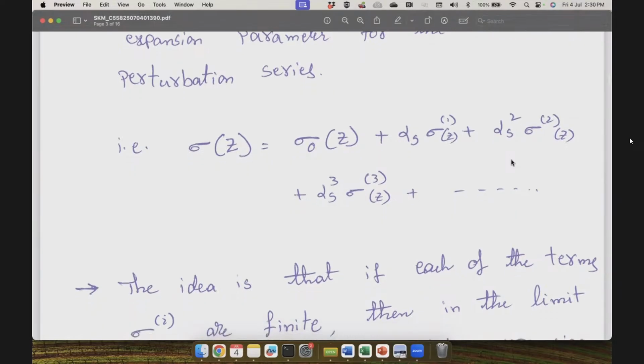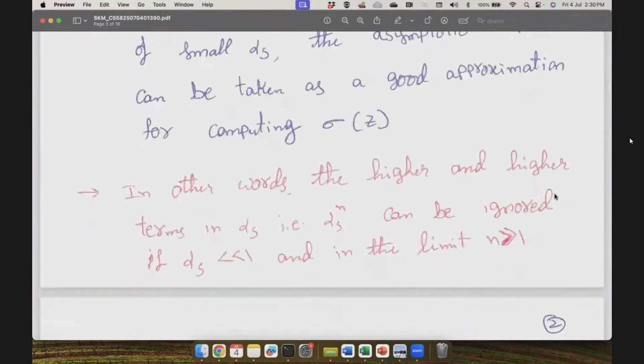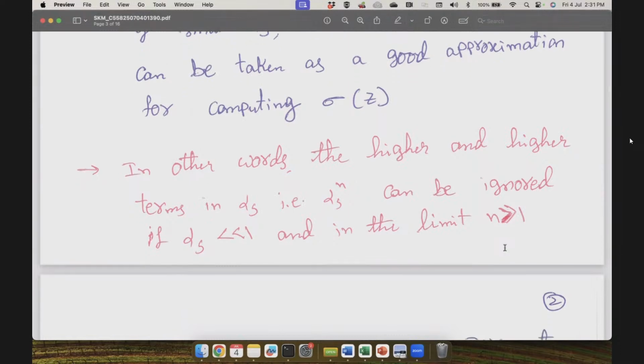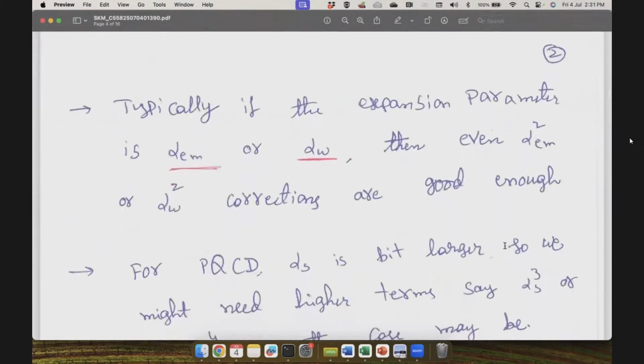There is no guarantee that the series will converge, and each of the higher order terms could be equally important. But in general, the basic idea of perturbation theory is that we expand the series in terms of a small expansion parameter, and the higher terms can be ignored.